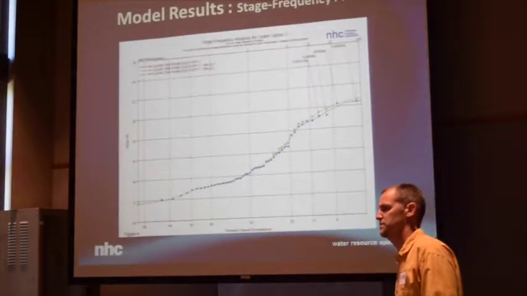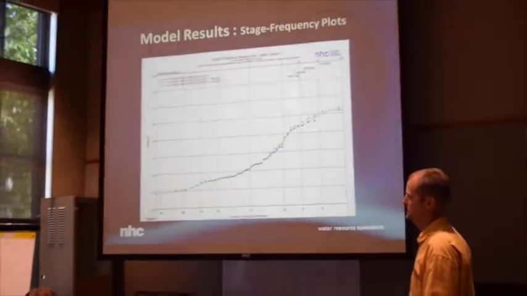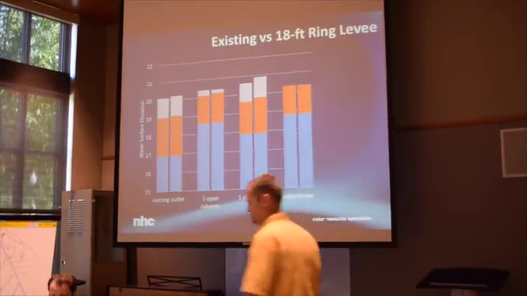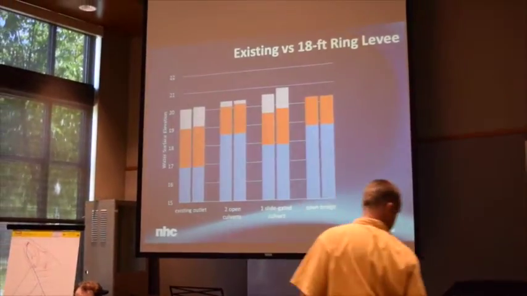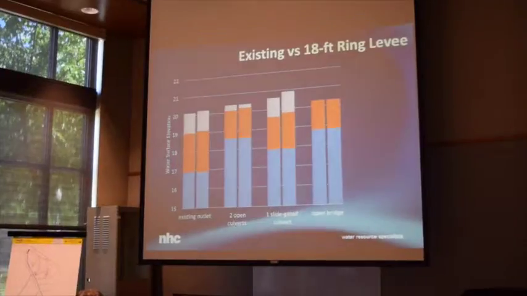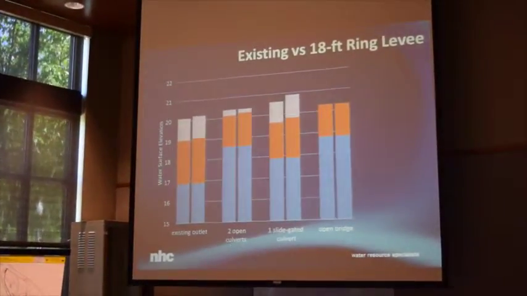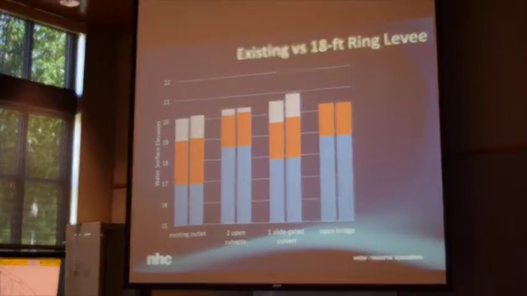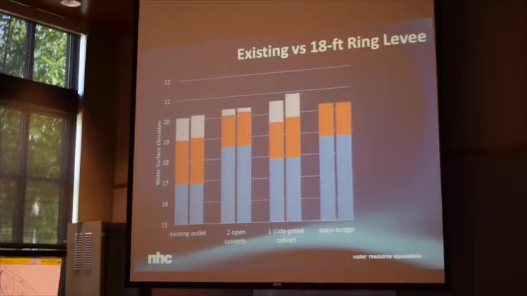Brian, if you go back to the bar chart though, I think the worst case scenarios are bracketed. So let's say, for example, you've got both tide gates with stuff in them. Your worst case is two open culverts, right? So letting all the water back in.